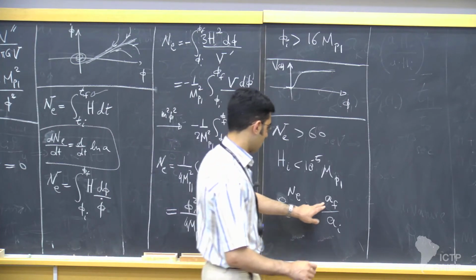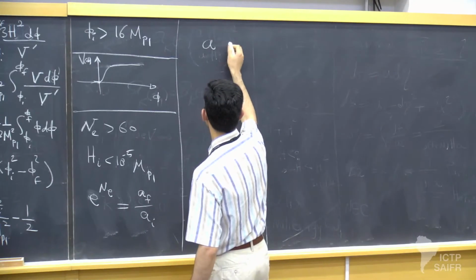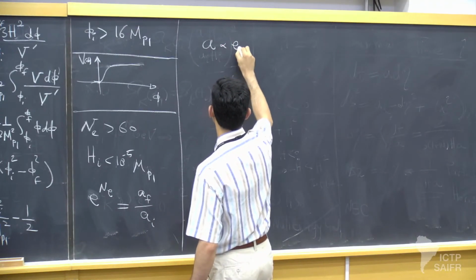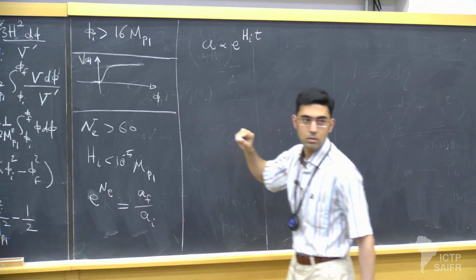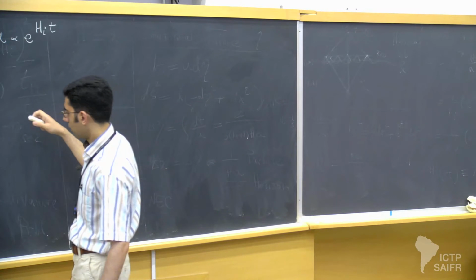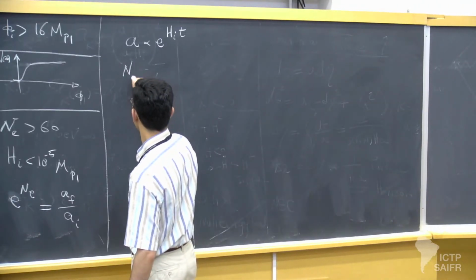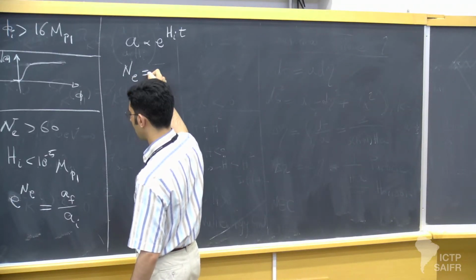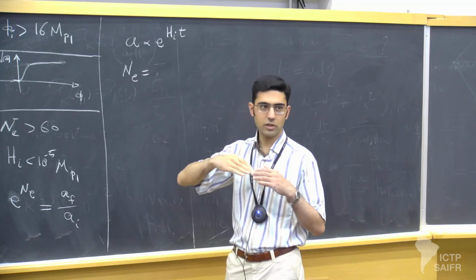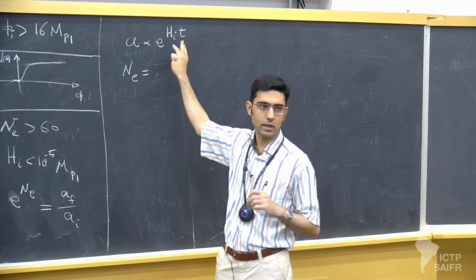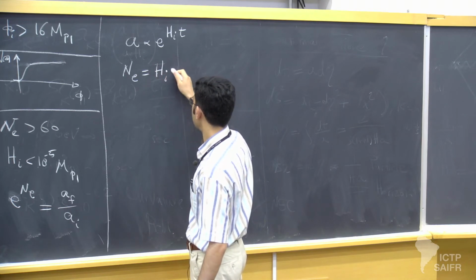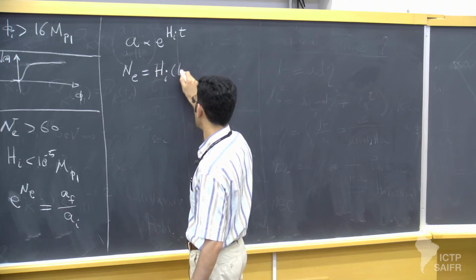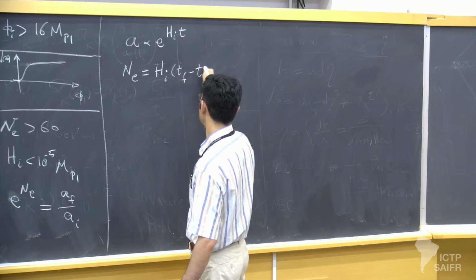Now, if you have inflation, a during inflation goes as e to the H_I t. Therefore, if we have inflation, which means that H_I is almost constant, N_E is equal to H_I times t final minus t initial.